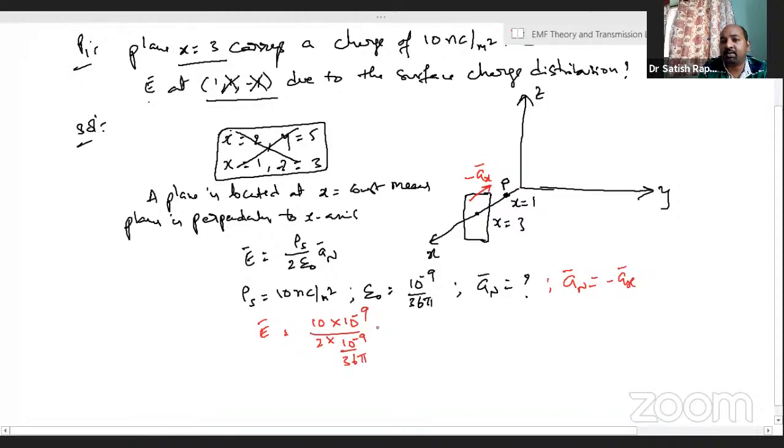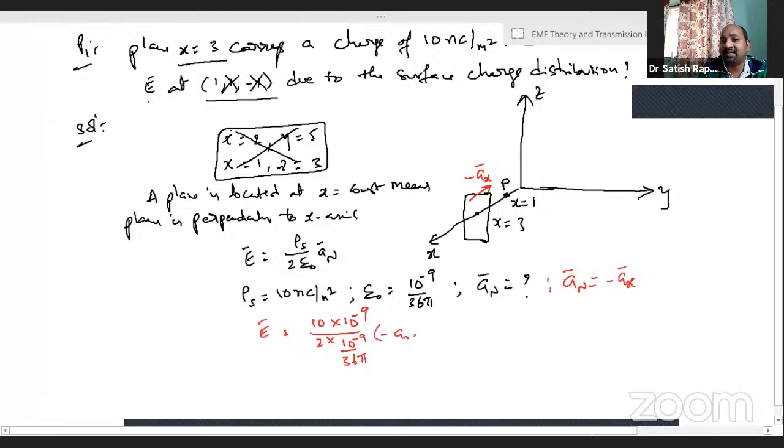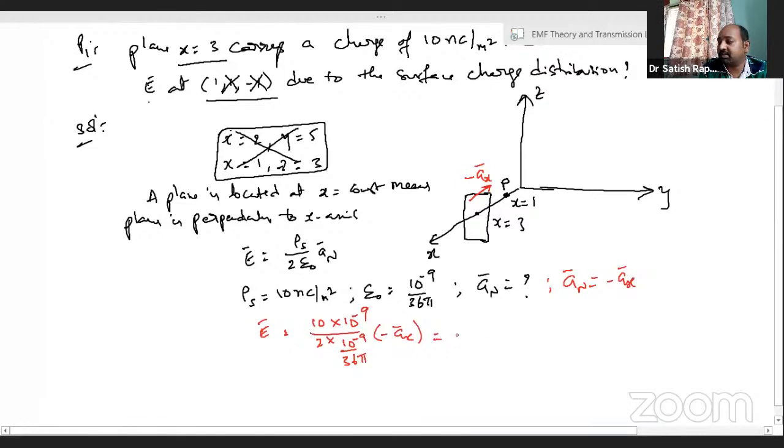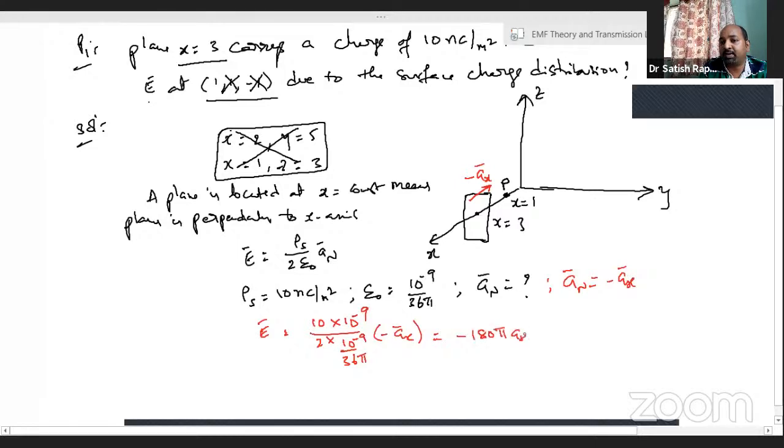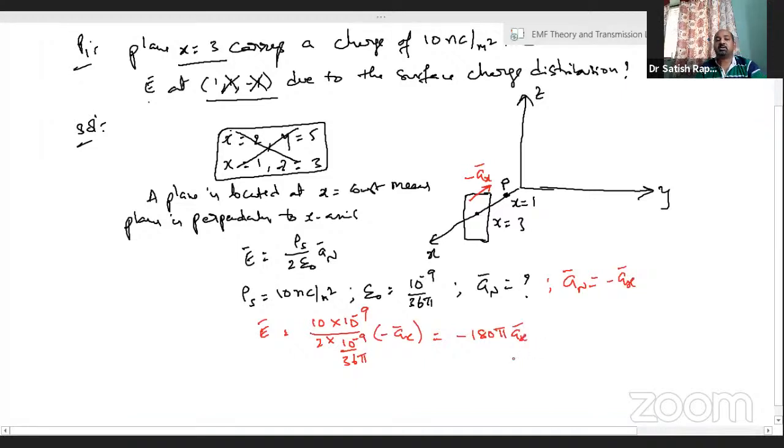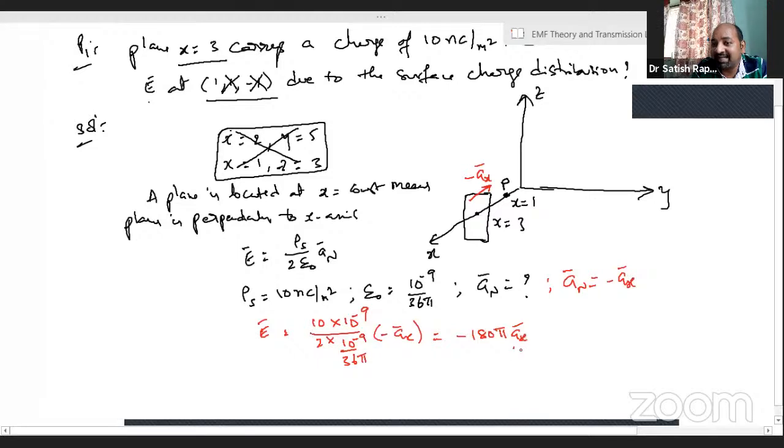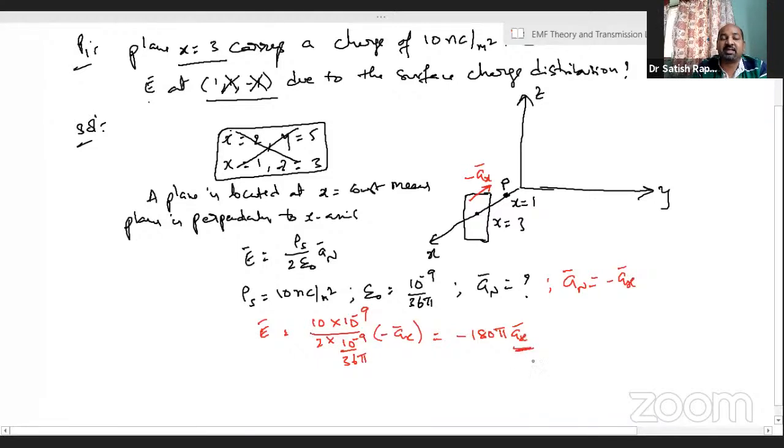And a n bar is minus ax bar, and whose value is minus 180 pi ax bar. So this is the answer, right? So therefore, from this we can say that the electric field is in the x direction.